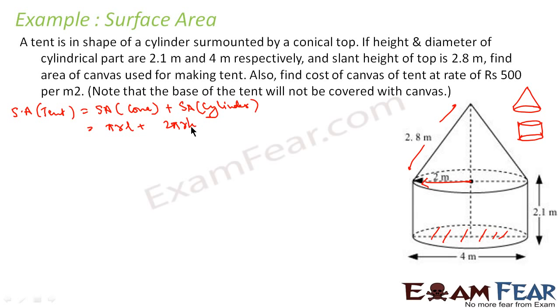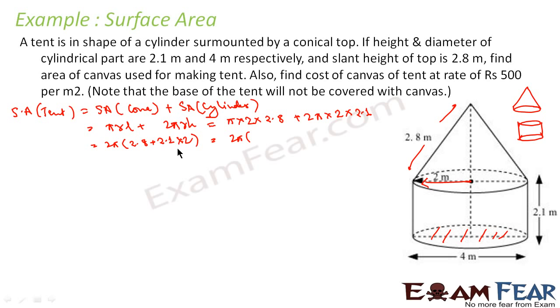Put the values. Pi, r is 2, l is 2.8, plus 2 pi, r is 2 and h is 2.1. If you take 2 pi common, you get 2 pi into 2.8 plus 2.1 into 2, so this becomes 4.2.